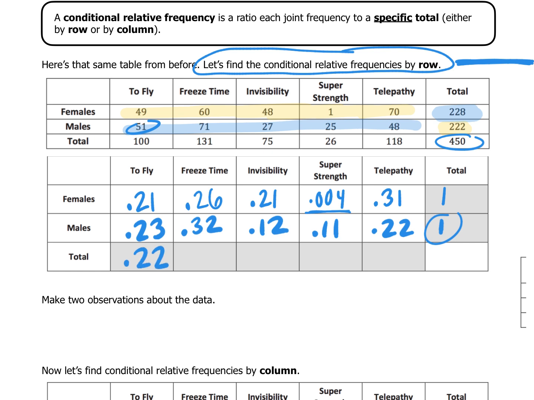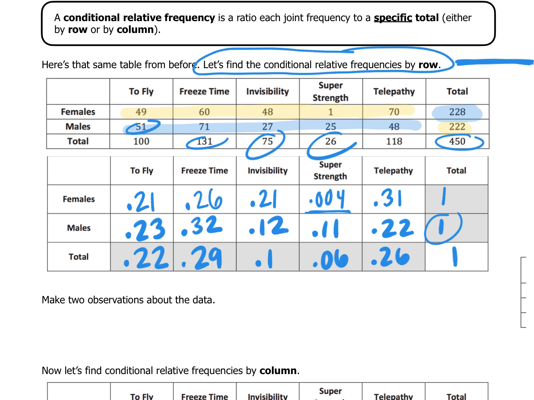Here it won't be true that we can add the column to get that, because 0.21 plus 0.23 is not 0.22. Here I'm going to take 131 divided by 450, and I get 0.29. Here 75 divided by 450, 0.1. 26 divided by 450, 0.06. 118 divided by 450 is 0.26, and then 450 divided by 450 is 1.